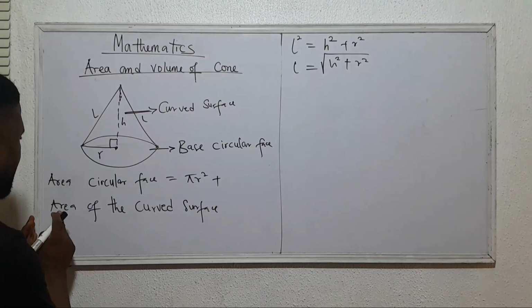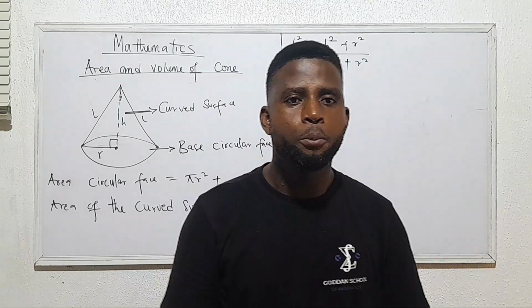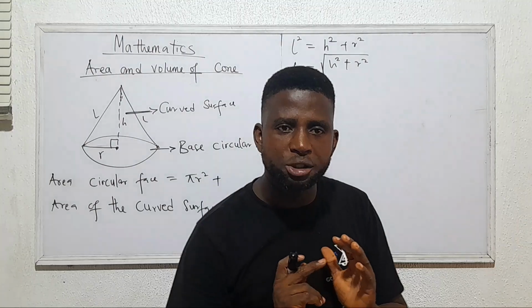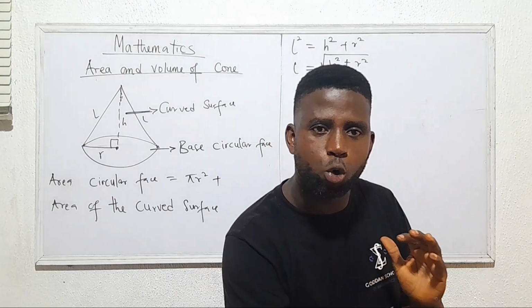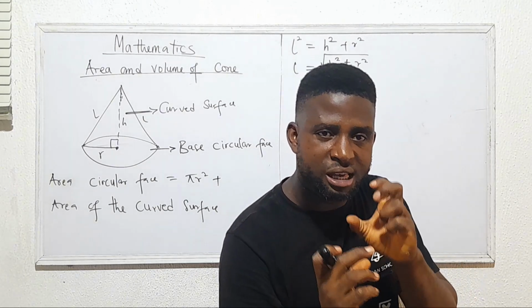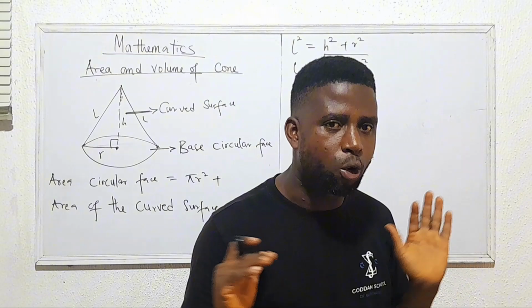Now, to find the area of the curved surface. If you get the net of the cone, that is, when you detach the base circular face from the cone, what you have is the net of the cone, which is the curved surface of the cone.